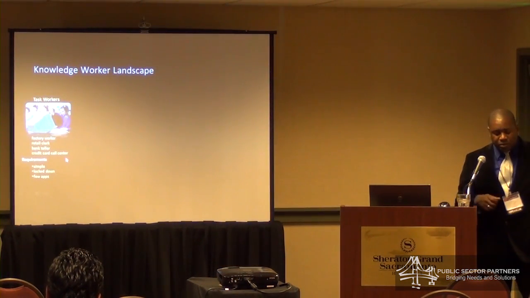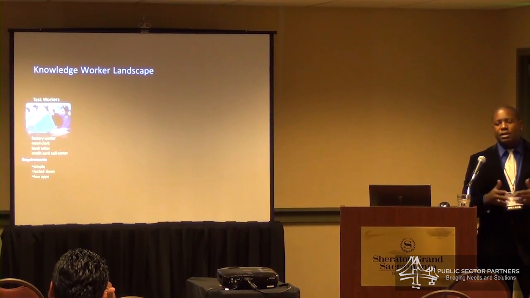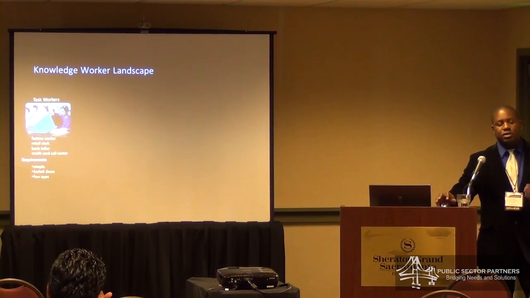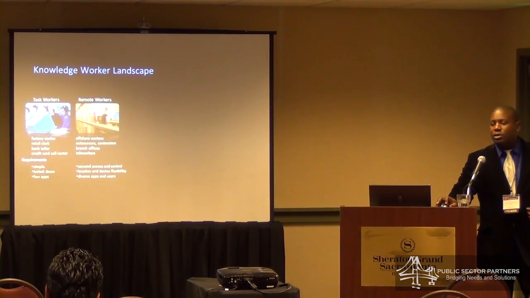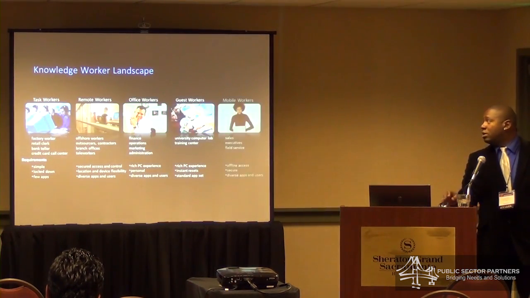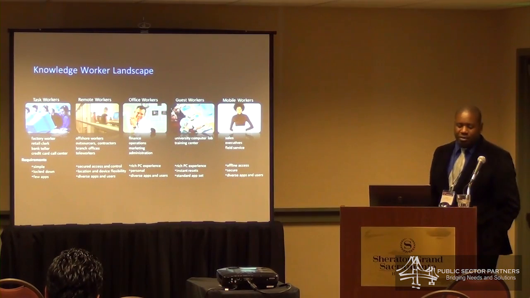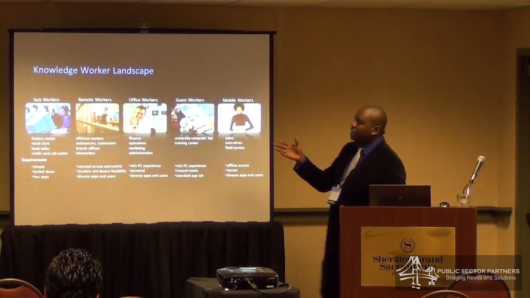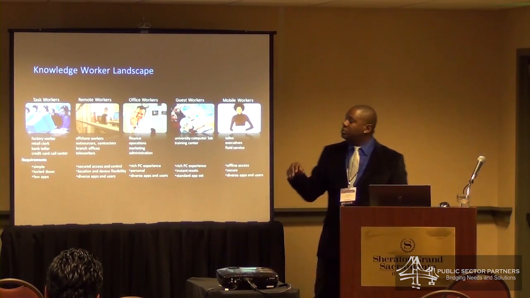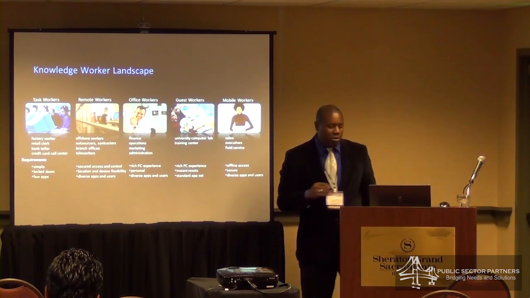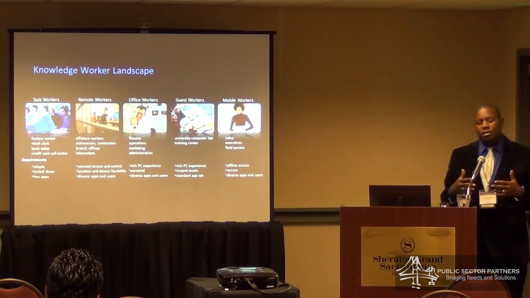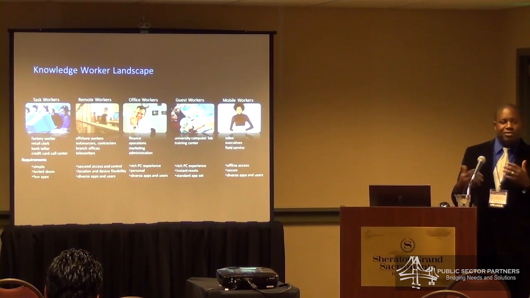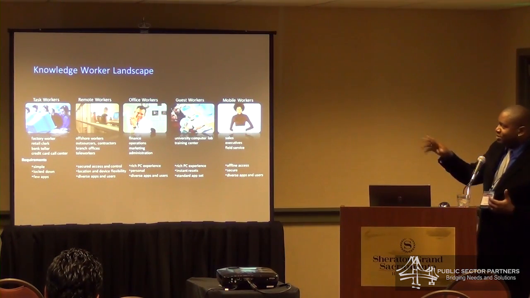But that knowledge worker has a landscape, and as that landscape evolves, you start seeing certain levels of categorization that you can attribute to it. A lot of times, you're looking at task workers, remote workers, office workers, guest workers, and mobile workers, and most of the time the office worker is no longer like the office worker positioned in this picture.